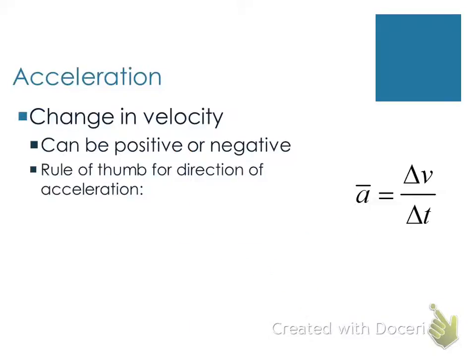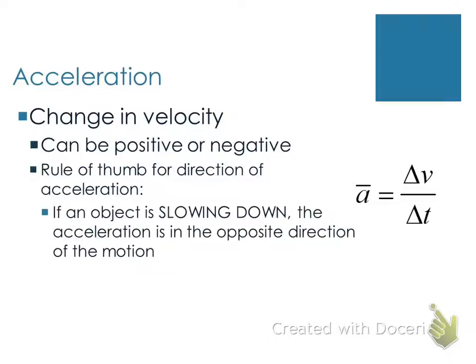Here's the rule of thumb: if and only if an object is slowing down, the acceleration is in the opposite direction of the velocity, which means it has the opposite sign.